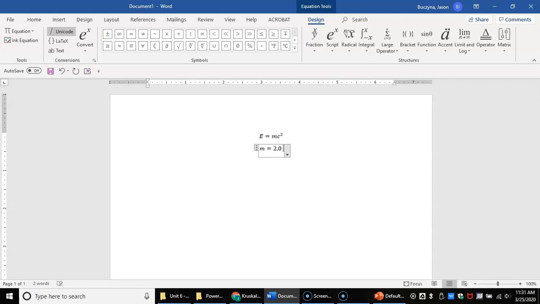So you can backspace and do Control I to change the italics back to non-italics and type kilograms. Now do Control I again to get back into italicized. Or if you didn't like that, after doing 2.0 kilograms, you could do quote kilograms, close quotes, and upon pressing space, it takes out the italics. That's often been a useful trick for me if I want to put in text.